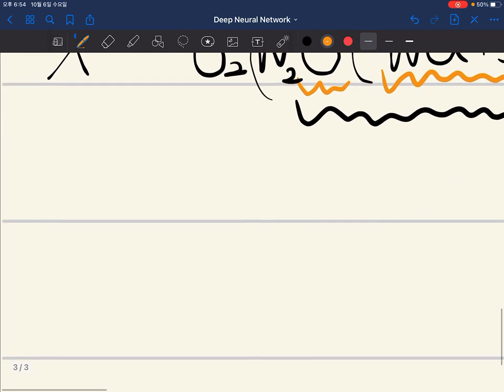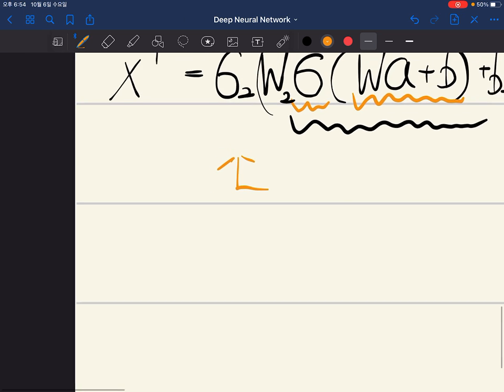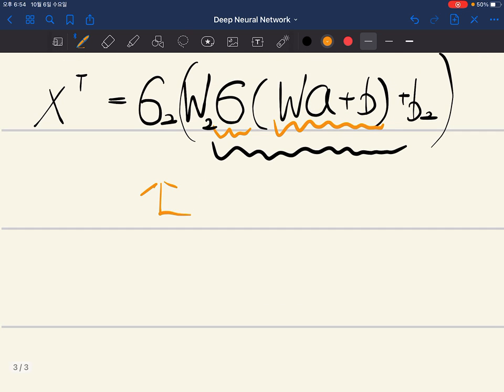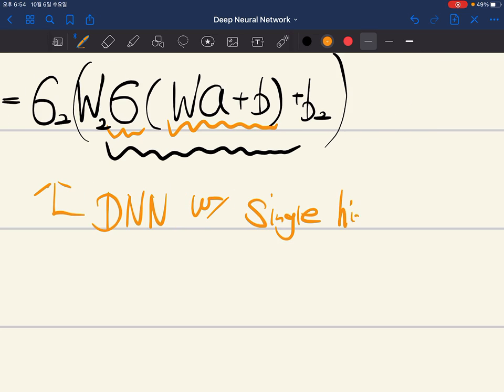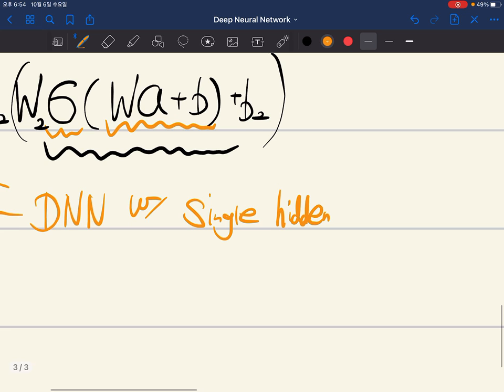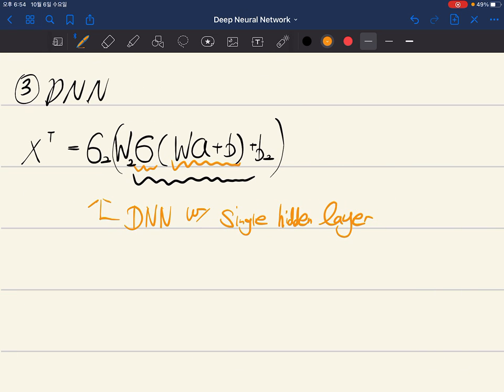Then this can be understood as deep neural network structure with a single hidden layer. And if we repeat this multiple times, the number of hidden layers will increase.